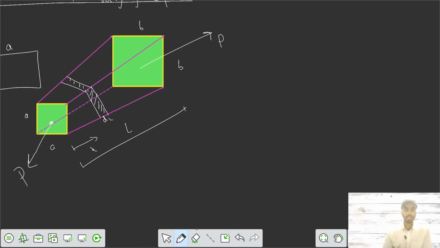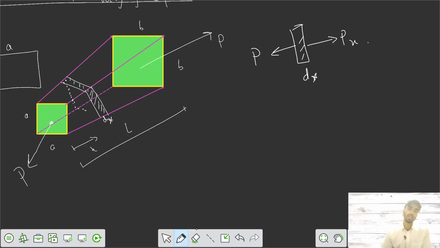So you took out a strip of length dx, with force P applied. But here the area of cross section is something different. It is more than A square and lesser than B square.